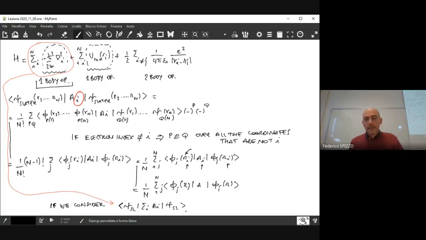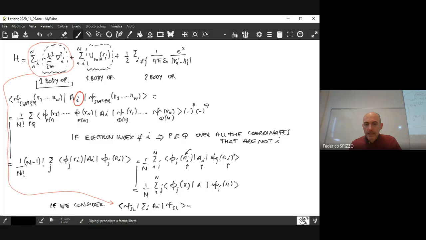So the initial idea is, if I have this Hamiltonian, I should in principle evaluate the expectation value over this Slater determinant of the full Hamiltonian. In this case, I focus my attention on the one-body operator. So in principle, I should include here in this expectation value the summation over all possible one-body operators.